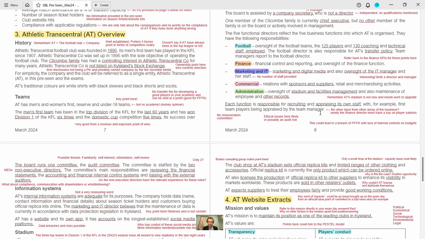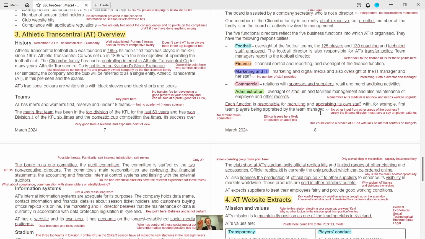And when I read that, I just went, so you're telling me there's no input from other areas about how much these players and different places and the finance team are getting paid? Whereas if you work in finance, your appraisal is going to be done by someone in finance. There's not going to be, say, the finance director involved in the players, how much they're being signed for, the wages, the transfer fee.